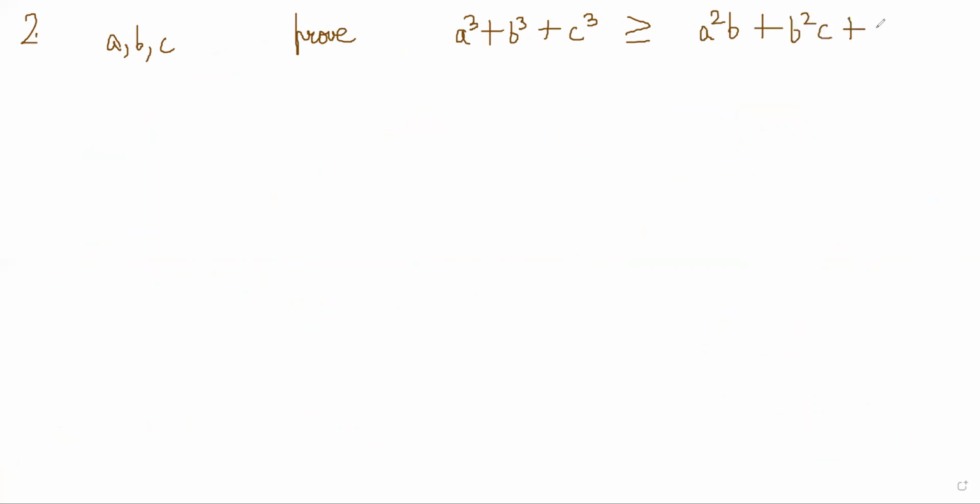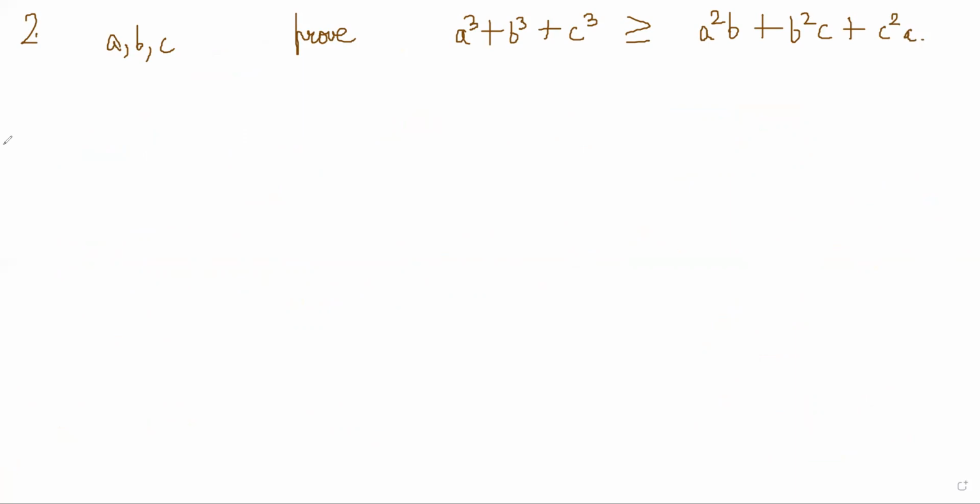So suppose you have positive numbers A, B, C, and I have to prove that A cube plus B cube plus C cube is greater than or equal to A square B plus B square C plus C square A, right?